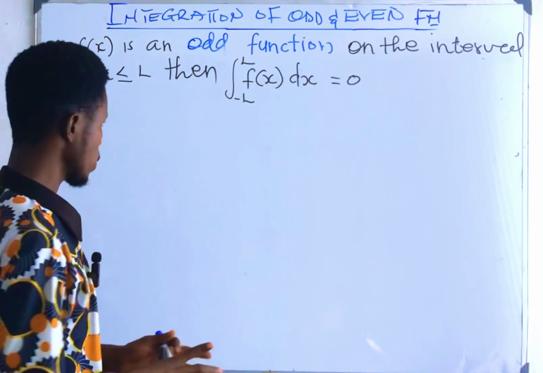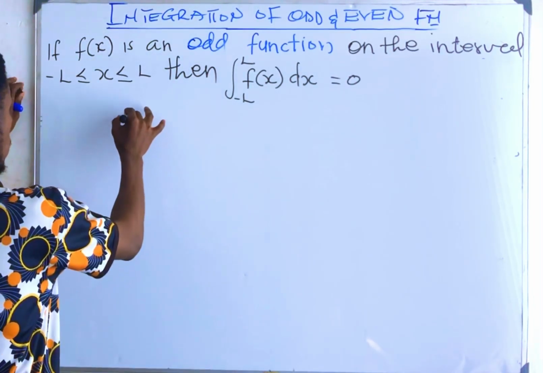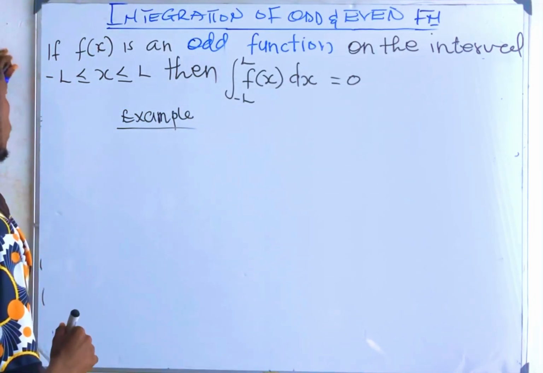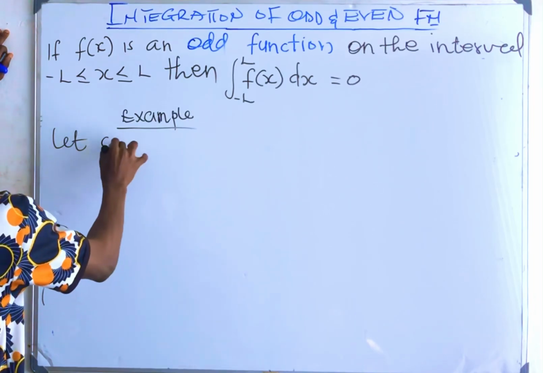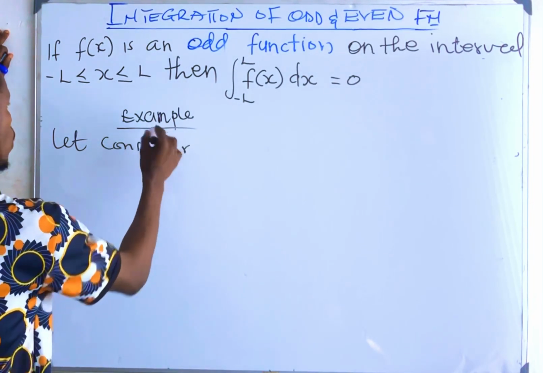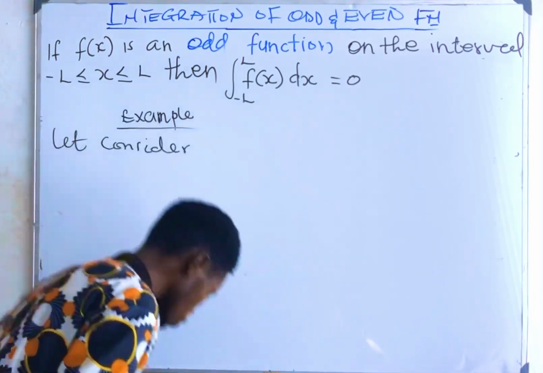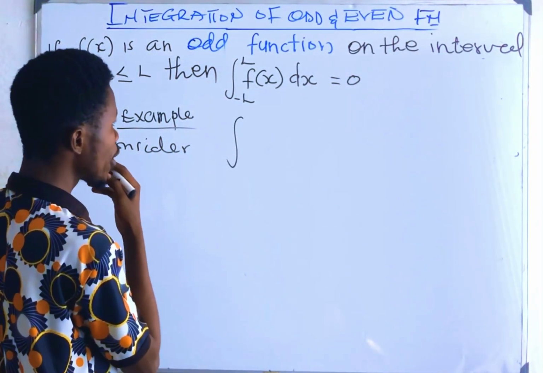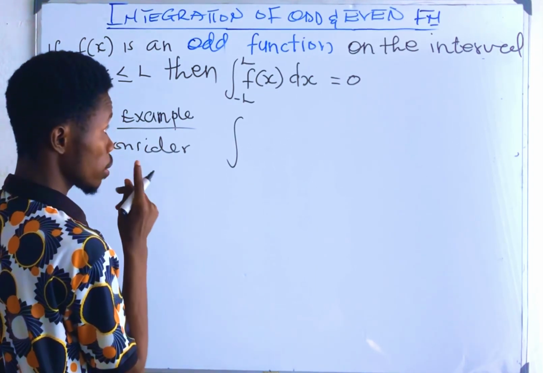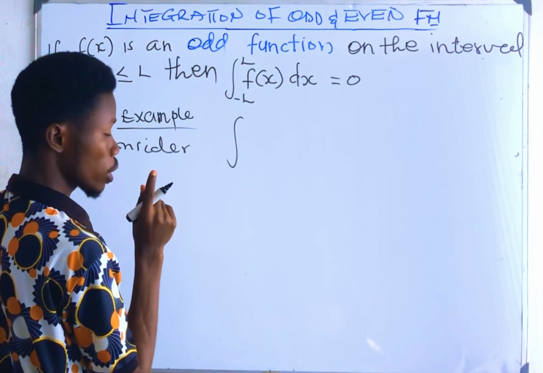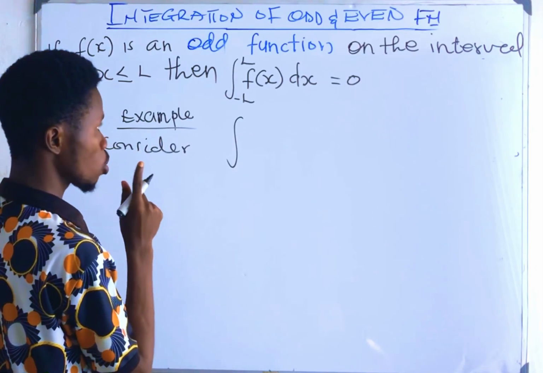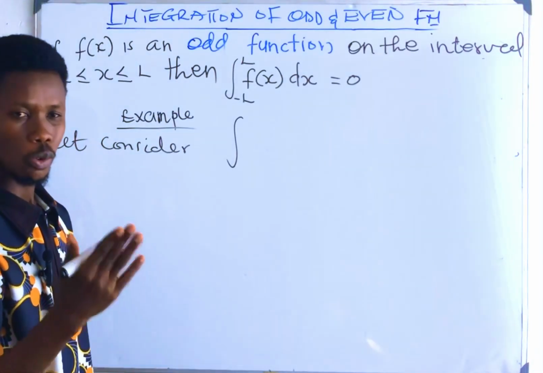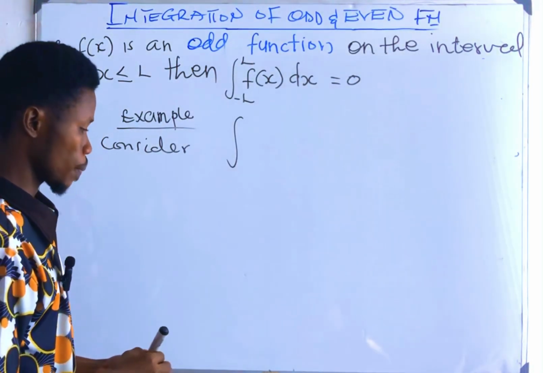Okay, let's look at an example and see. I like simple ones. So let me take a simple example, the integral of an odd function. The one I did before was an even function, x squared, and I've already explained to you that x squared is even.